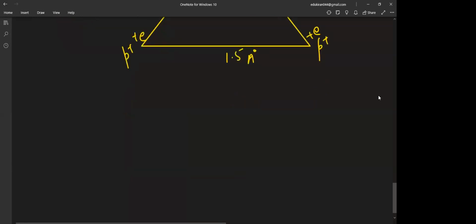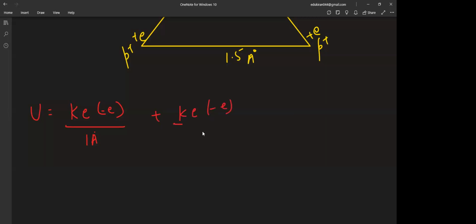So net potential energy: first will be K E times minus E divided by 1 angstrom. Yes, ma'am, 10 to the power minus 10 we can separate. Again plus K E into minus E, same 1 angstrom. The second one will be K E into E over 1.5 angstrom.